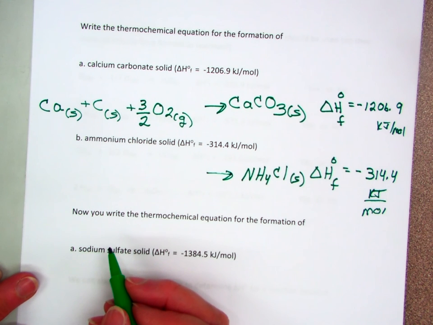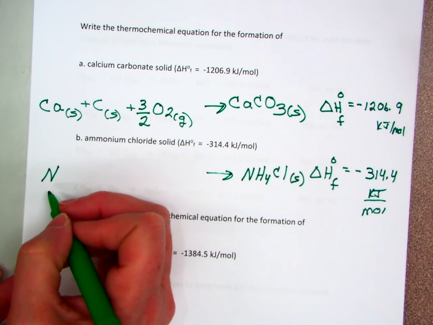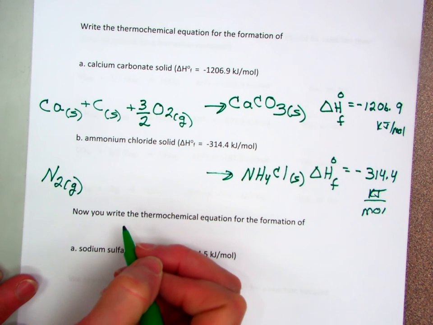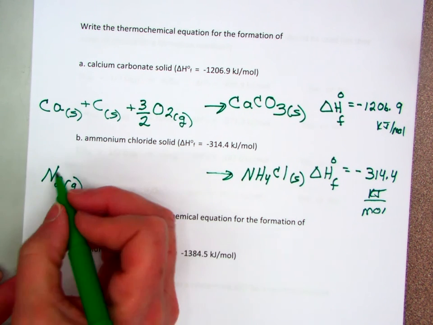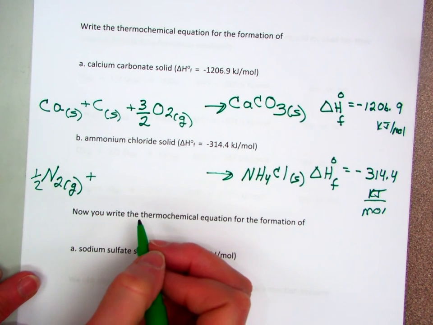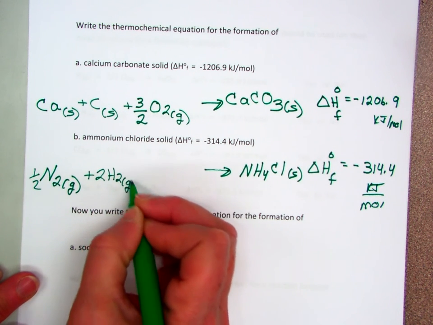What do I need to make ammonium chloride? Some nitrogen. N2 gas. So how much do I need? 1/2. What else do I need? Hydrogen. 2 moles of diatomic hydrogen.